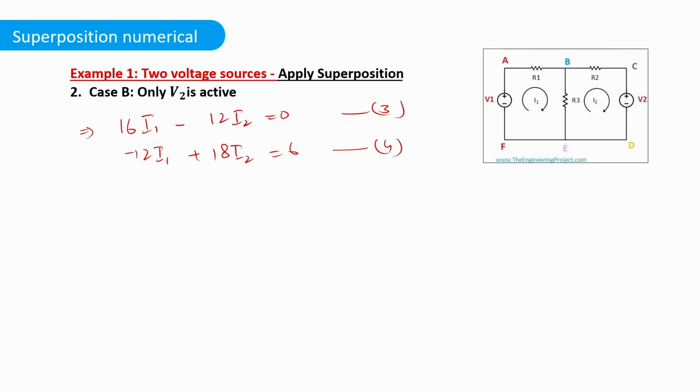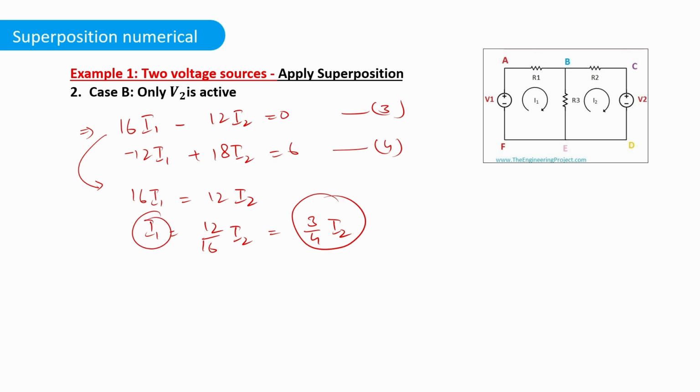So once again, using equation number 3, we can derive I1 like this. 16 I1 is equal to 12 I2, or I1 is equal to 12 by 16 I2. If we divide by 4, this becomes 3 by 4 I2. This is I1 as a function of I2.